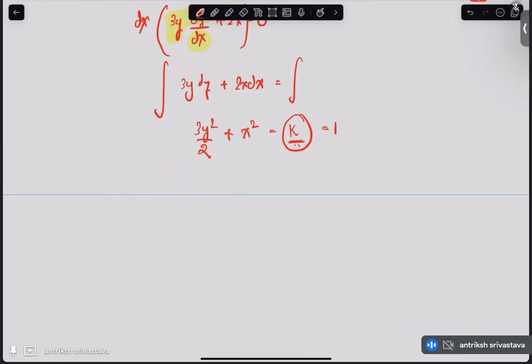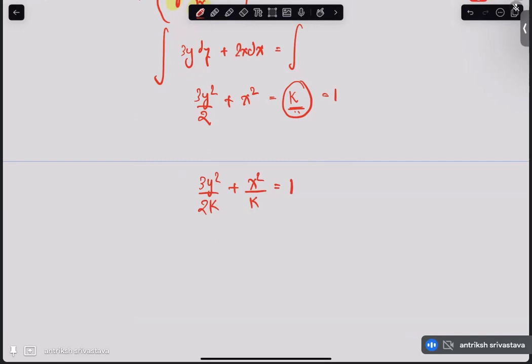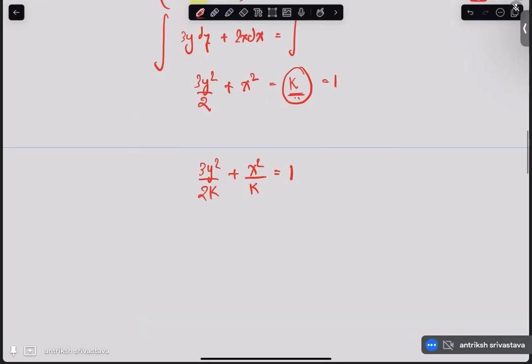If we do that, we have 3y squared by 2k plus x squared by k equal to 1. Let's simplify this further, or maybe write the expression like this: y squared by (2k/3) plus x squared by k is equal to 1.